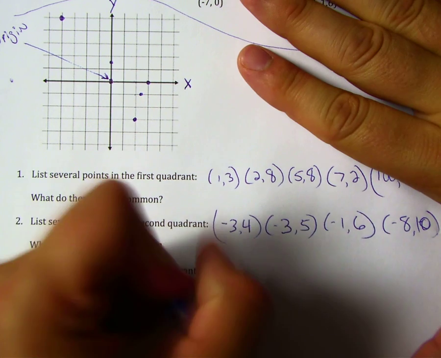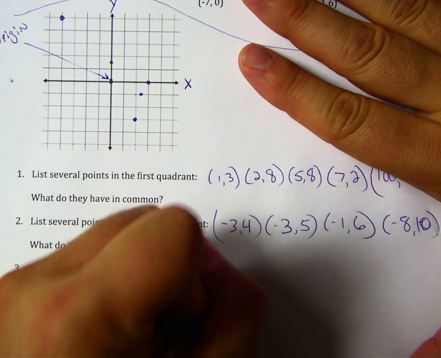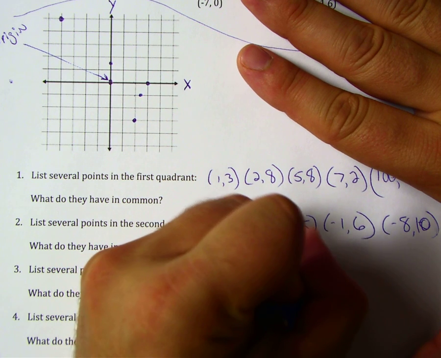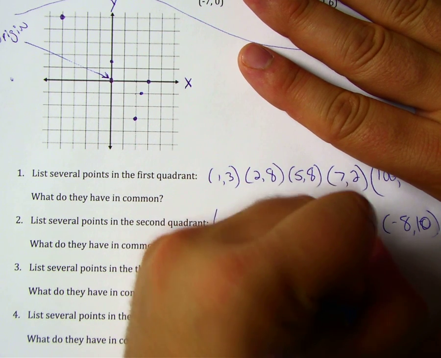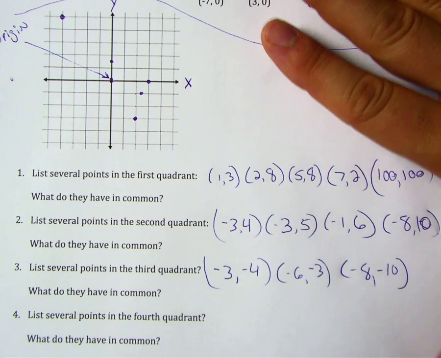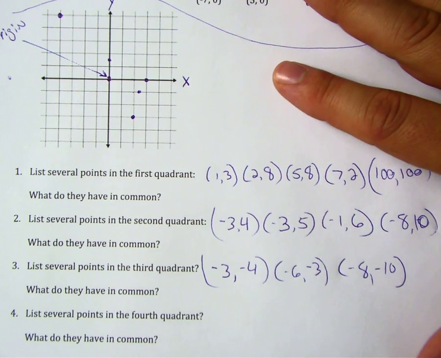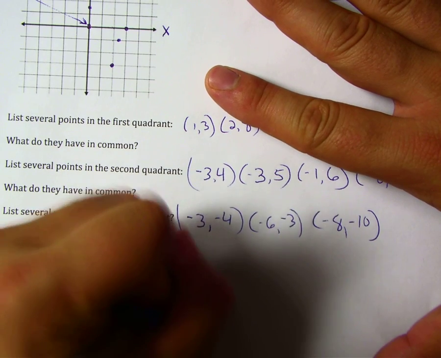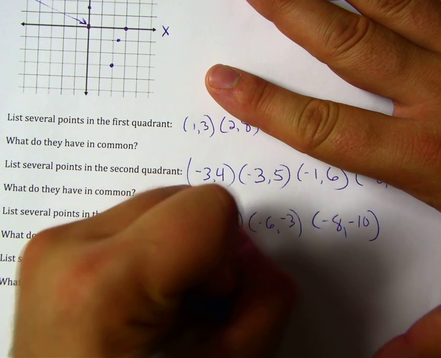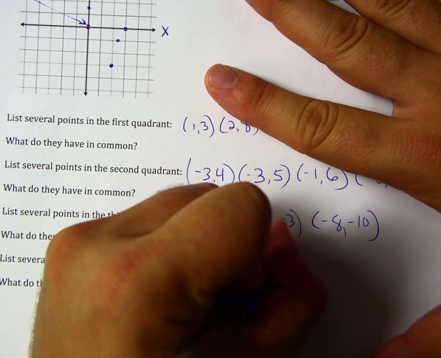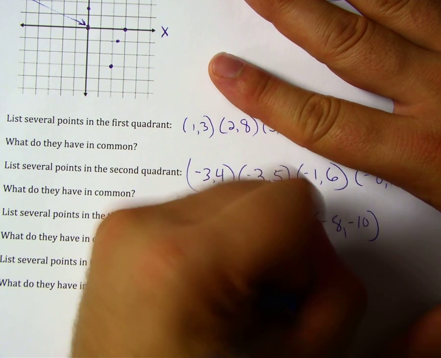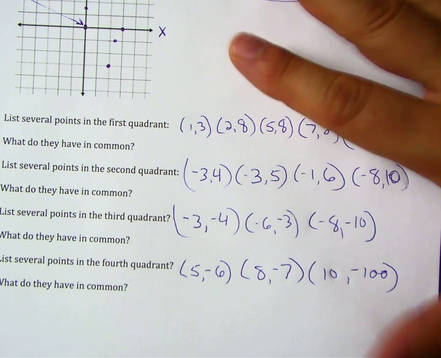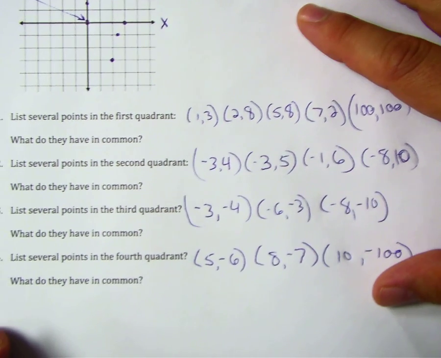Go. All right, here's a few from the third quadrant. Now let's go ahead and list some from the fourth quadrant. And those are some coordinates from the fourth quadrant.